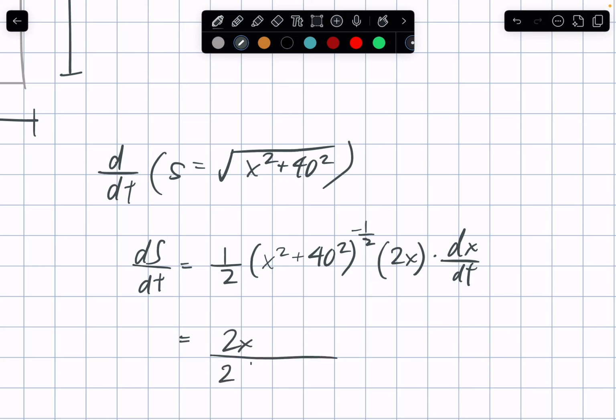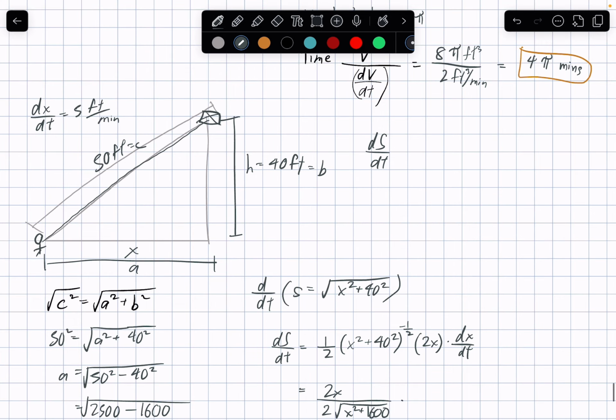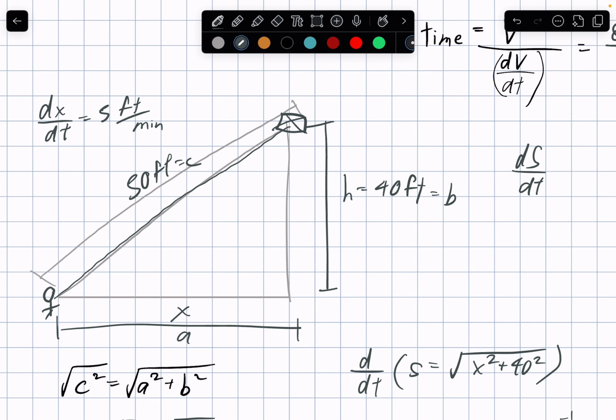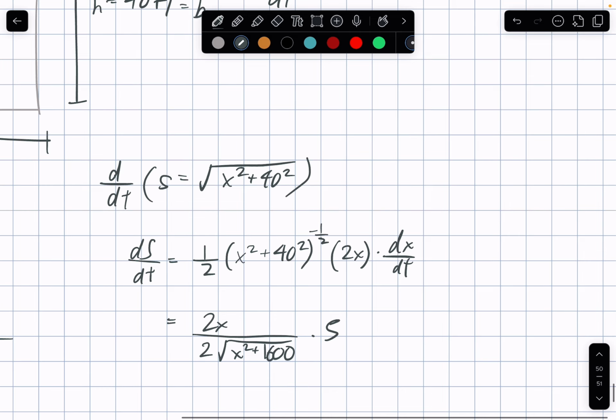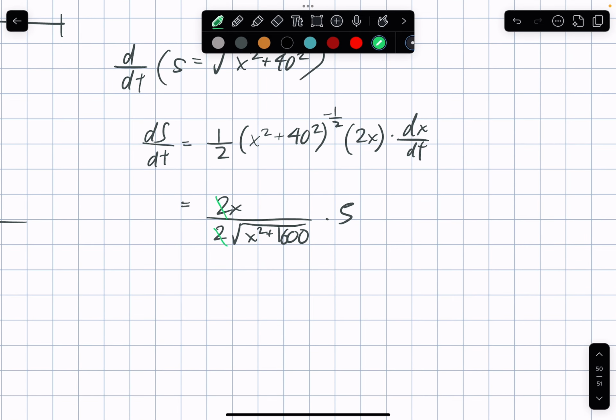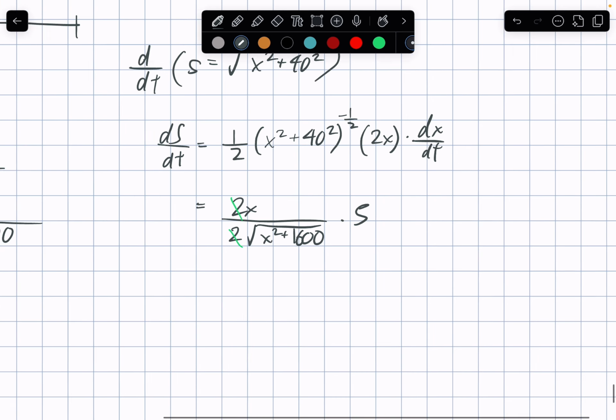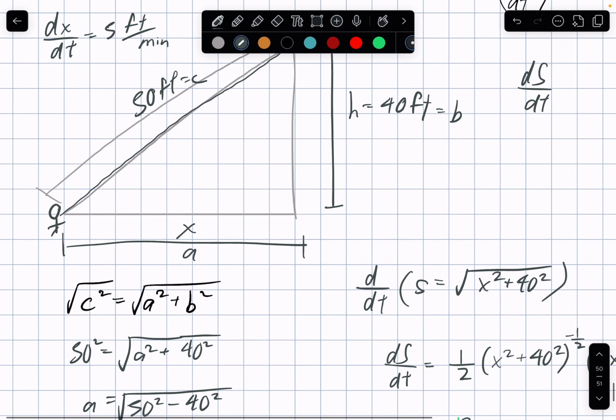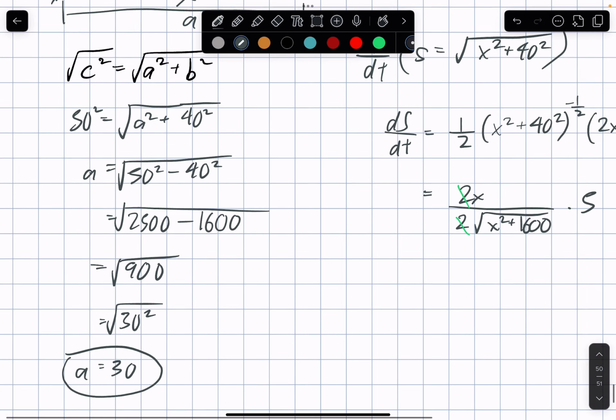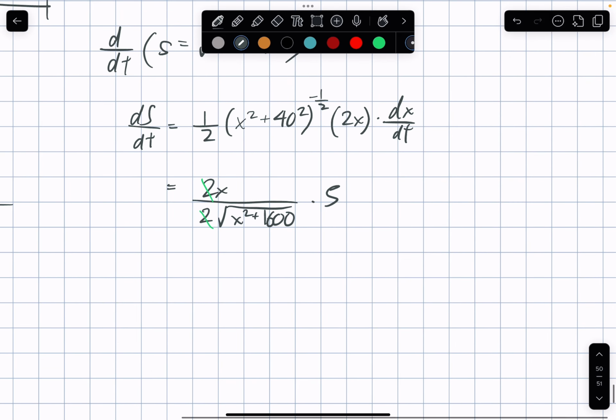That is 2x over 2 times the square root of x squared plus 40 squared, times dx over dt, which as stated earlier is equal to 5 feet per minute, right? So 5. Cancel the 2. We identified x earlier, or A, in other words, as 30. So x here will become 30.